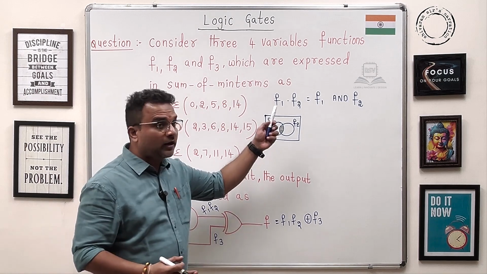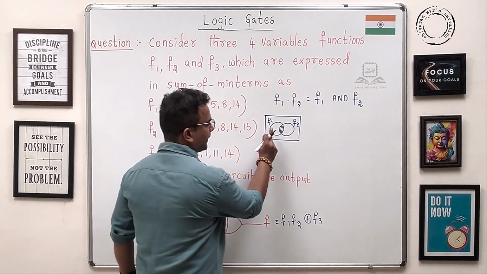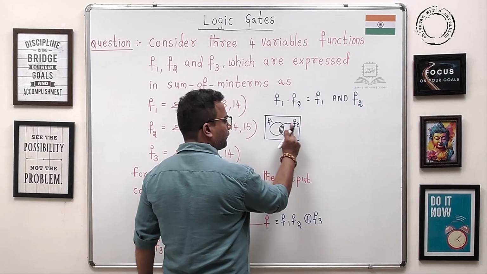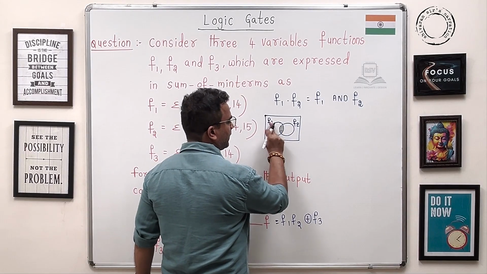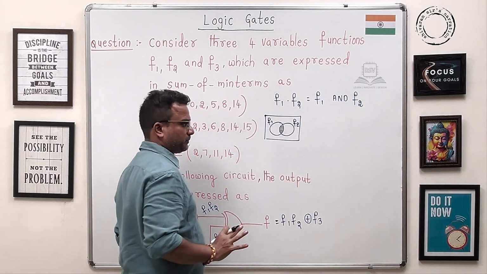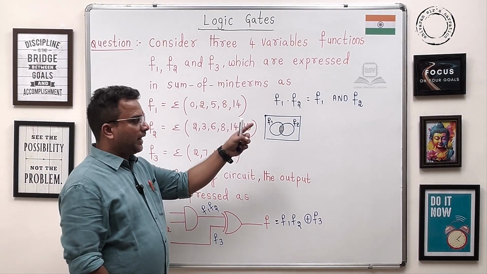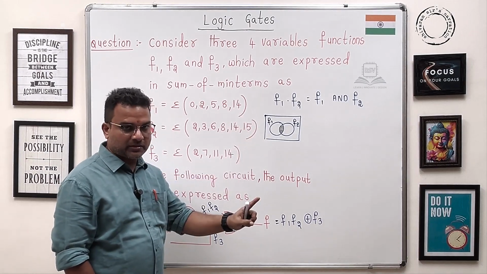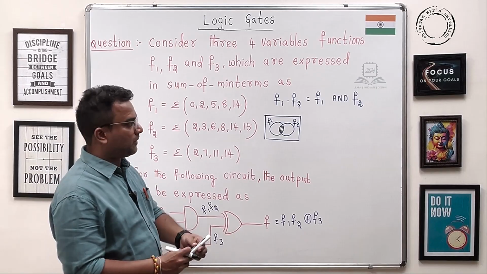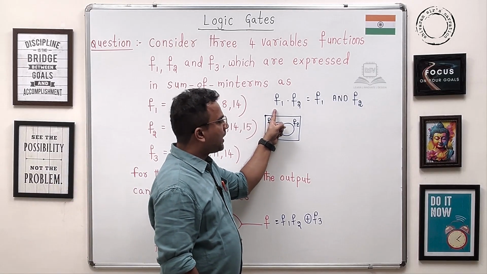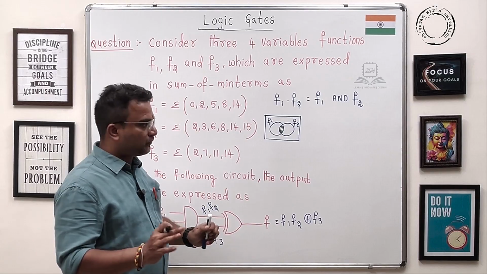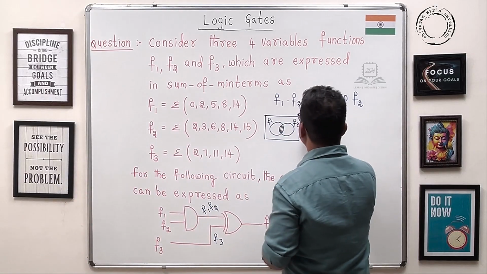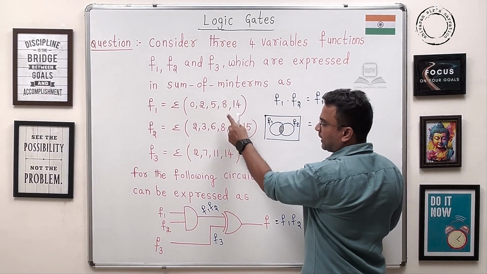Similarly, if it is F1 or F2, we will take A union B. F1 union F2 means everything regarding F1 and F2. So here remember, F1 and F2 represents the common portion present in both function F1 and function F2. Therefore, you see here, that is F1 and F2.